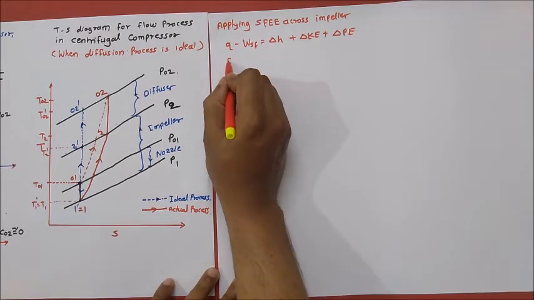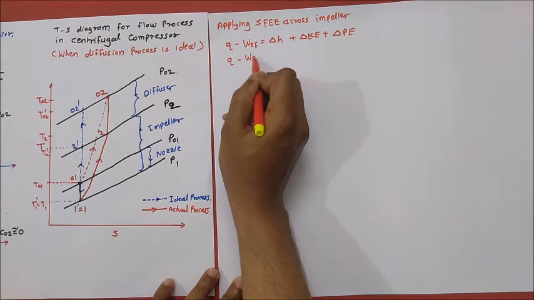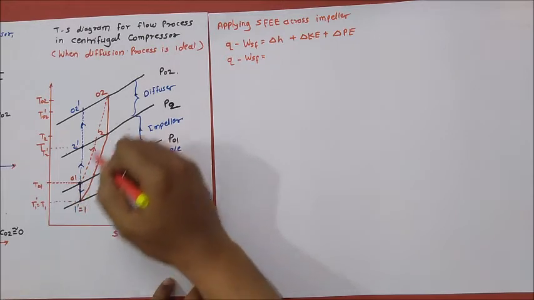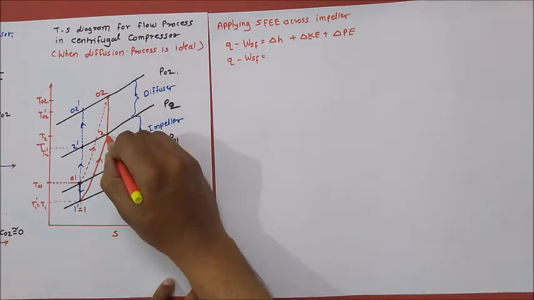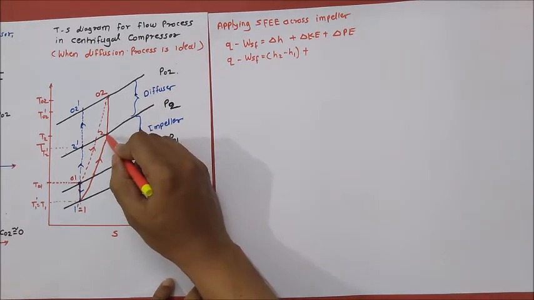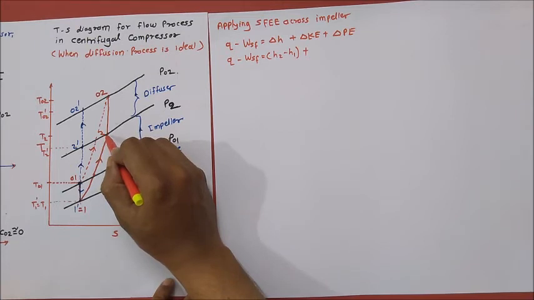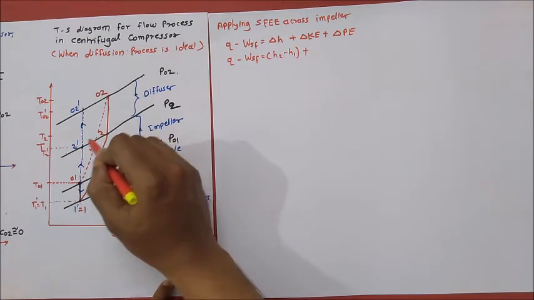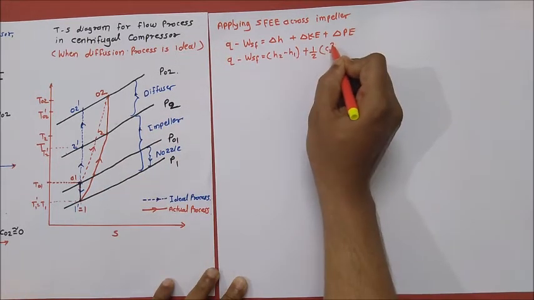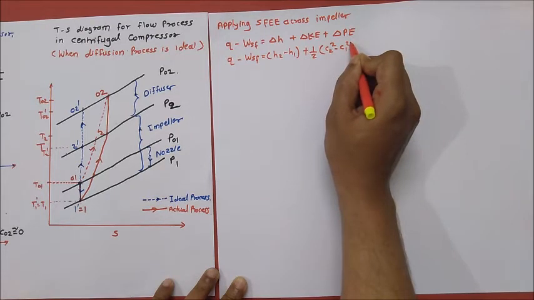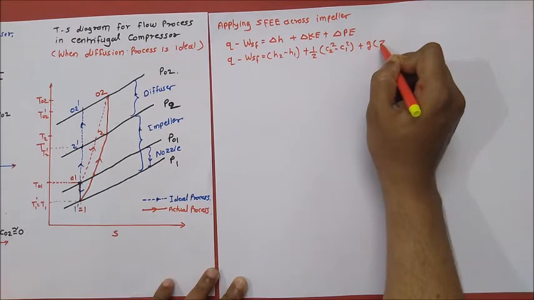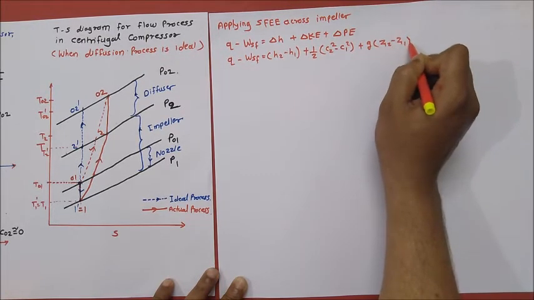Now the same can be written as Q minus WSF equal to delta H, that is change of enthalpy across the impeller, so that is equal to H2 minus H1 plus change in the kinetic energy across the impeller, that is velocity at point 2 square minus velocity at point 1 square by 2, that is half (C2 square minus C1 square), plus delta PE, that is g, change in datum head (Z2 minus Z1).